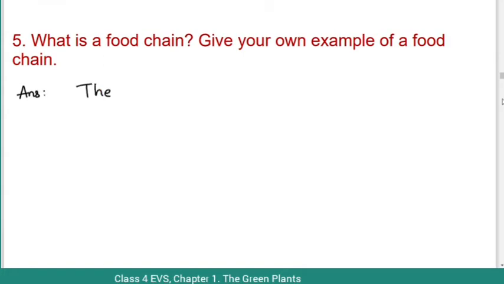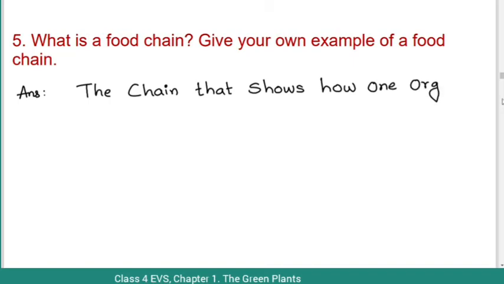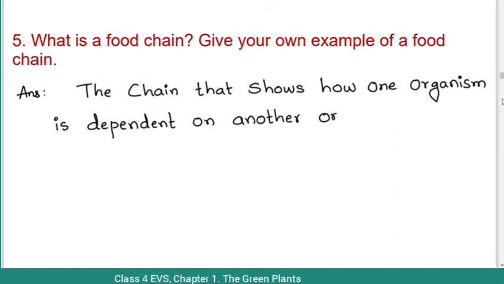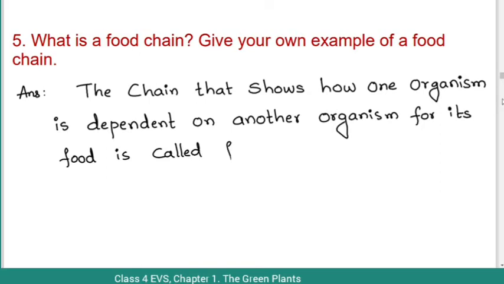Answer, the chain that shows how one organism is dependent on another organism for its food is called a food chain.